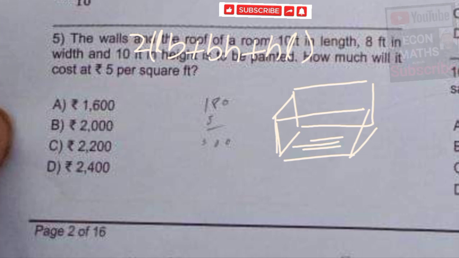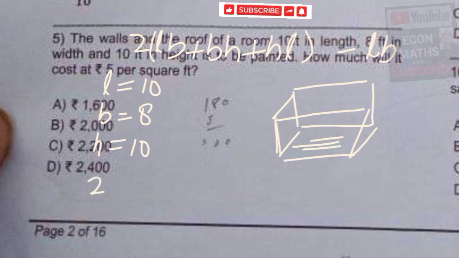And from that we will subtract the area of the floor, that will be length into breadth. So the length is given as 10, breadth is given as 8, and height is given as 10 also. So we will write that is twice.